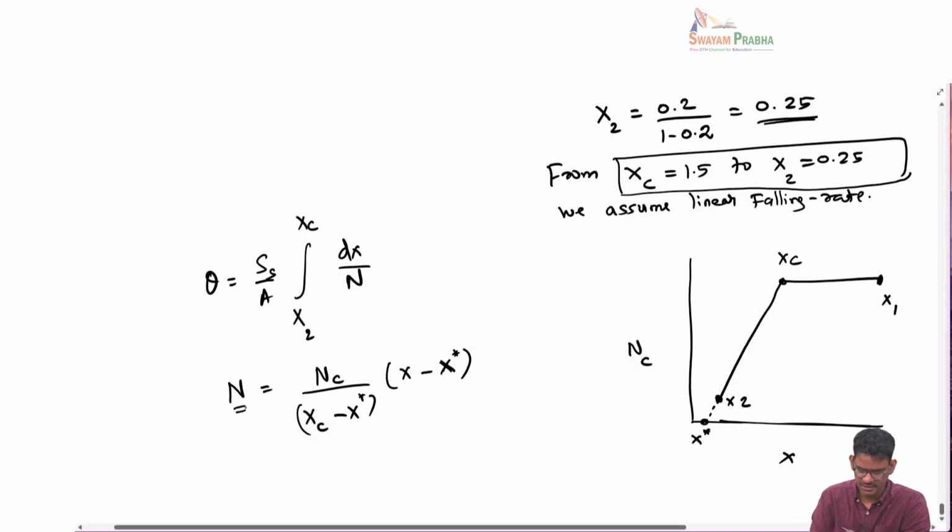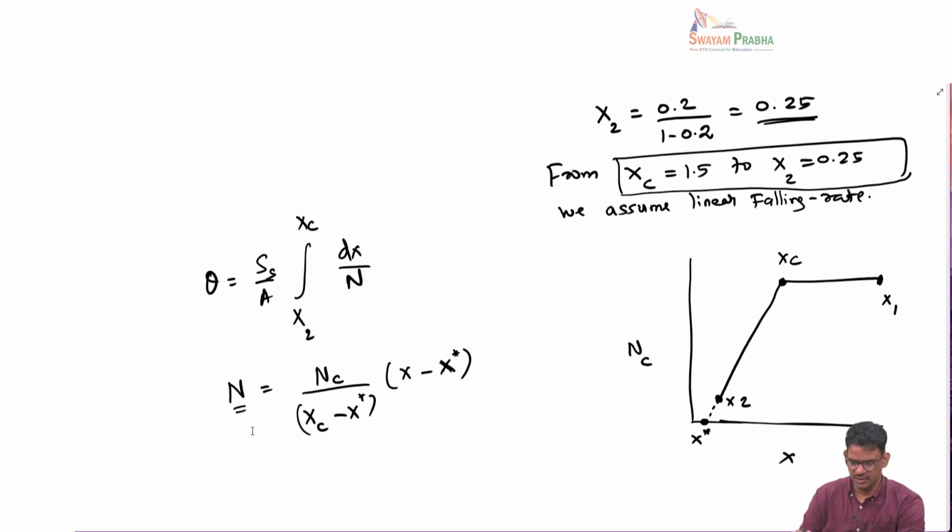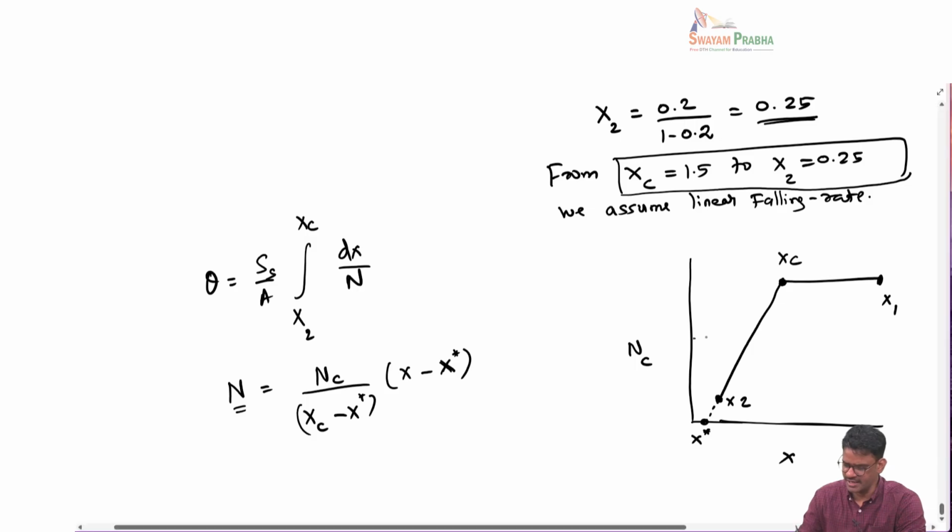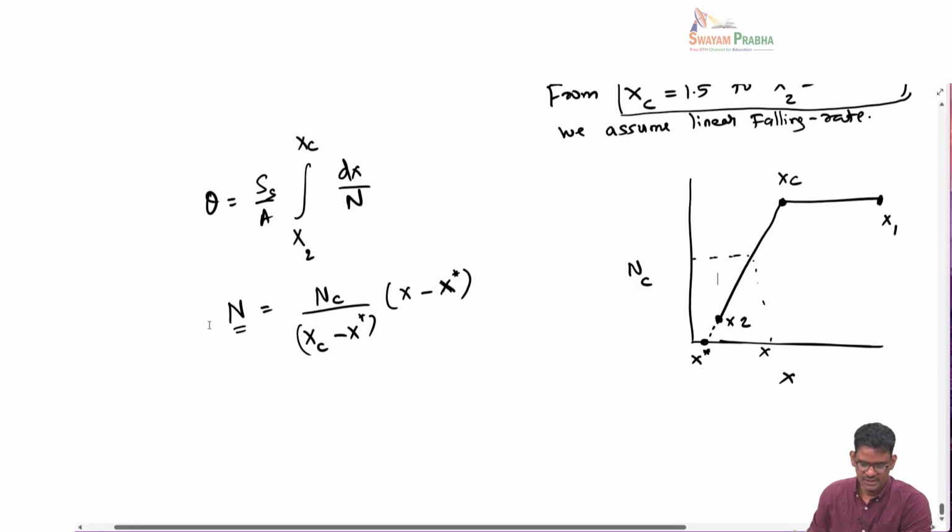So this n here is the equation that describes the linearity between XC to X star. NC by XC minus X star is the slope of the line, and X minus X star is the difference from X star, so for any x you can find n from this equation. Now we can substitute this and then integrate this out, and then I'll give the final answer. This is something you can test later on.